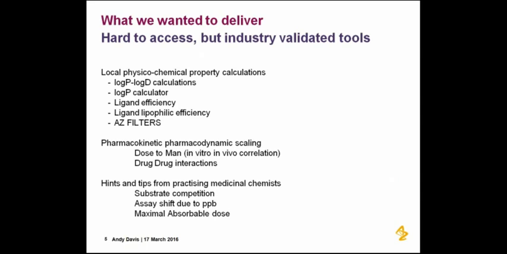We wanted to include some of the useful tools that I've used over many years with my colleagues at AstraZeneca, certainly the dose demand prediction method that I think rather revolutionized how we did drug discovery when we started using that method in the 2000s. And also some hints and tips, things I found useful in my time, in fact daily useful in the projects I work on. So those are the things we wanted to do.